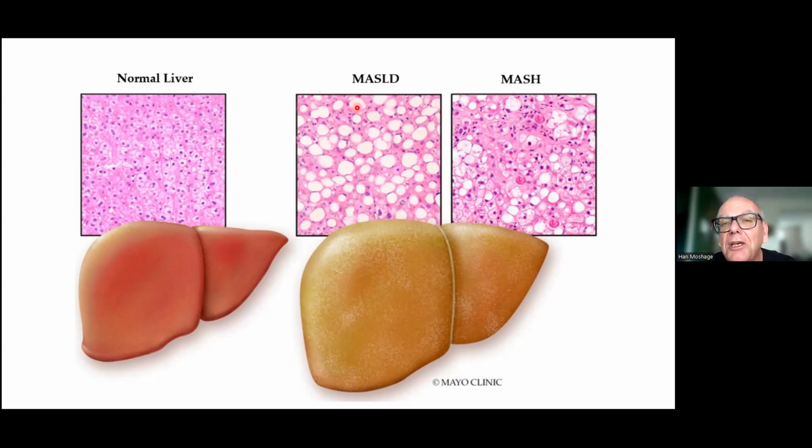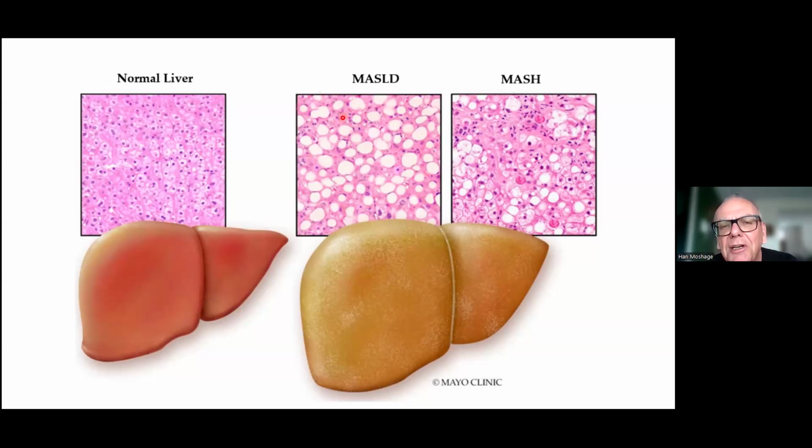So you can easily appreciate that if you have this size of lipid droplets in your hepatocytes, your hepatocytes are not doing very well, and in the end will die and will get damaged. This is the stage of fatty liver without inflammation. So this is what 30% of the world population has.